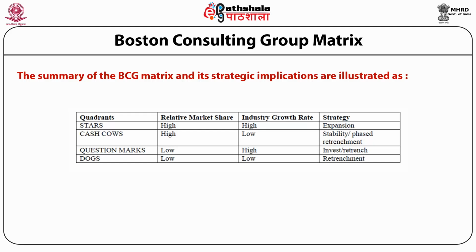For products categorized as question marks, they have low relative market share and high industry growth rate. The strategy recommended is invest or retrench. Dogs are those products which have low relative market share and low industry growth, wherein the strategy recommended is retrenchment.